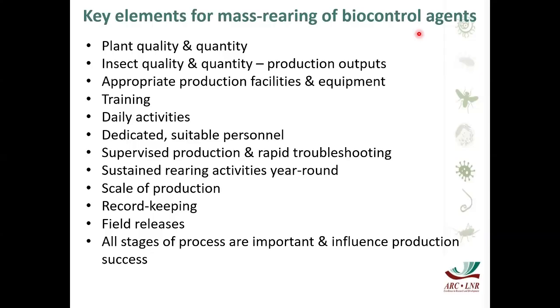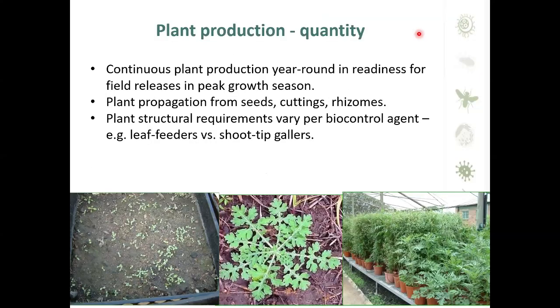There needs to be rapid troubleshooting to ensure that there's good outputs from these facilities. The scale of production is important, and obviously good record keeping and research that then feeds back into improving mass rearing programs as well. So all of these stages are important, and they influence the outcome and the success.